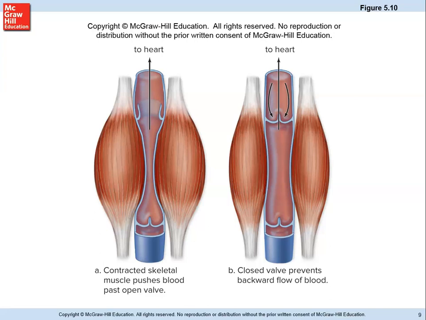And when you move, those muscles contract in picture A, which squeezes the vessel, pushing the blood towards the heart further. When the muscles relax, the vessel refills with blood, muscles contract, squeeze it on out. So it's sort of like mini pumping stations throughout the body when skeletal muscles contract and relax on blood vessels.